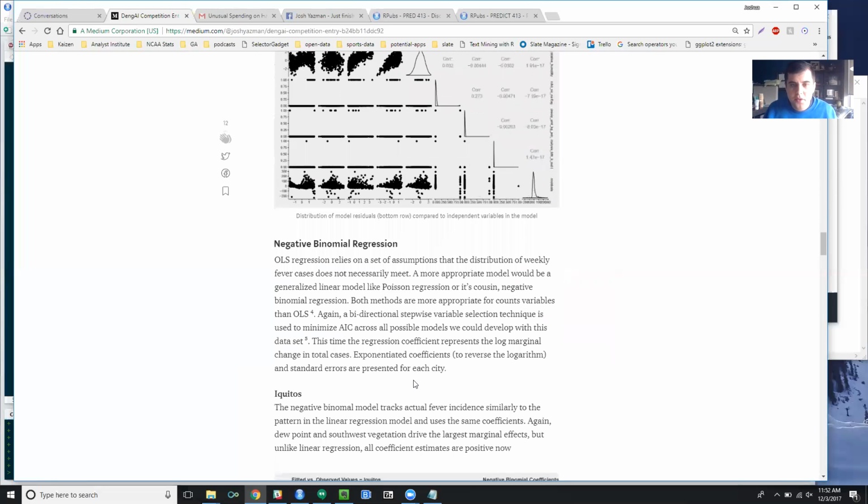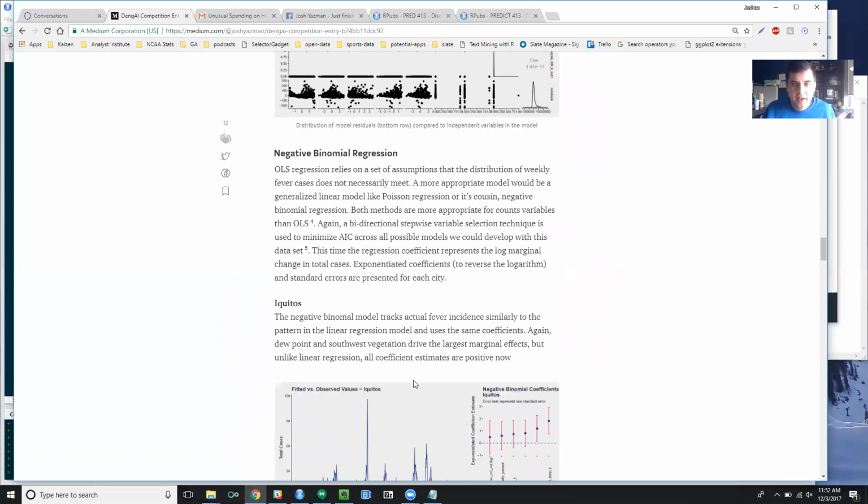So to try and remedy that, I moved on to a negative binomial regression model. This is more appropriate for count data, particularly over dispersed count data.